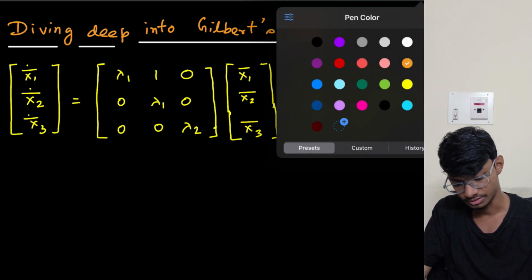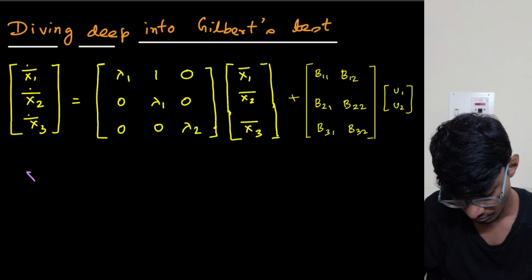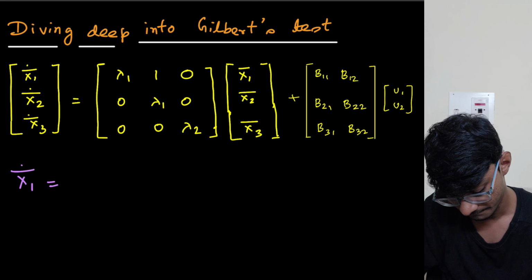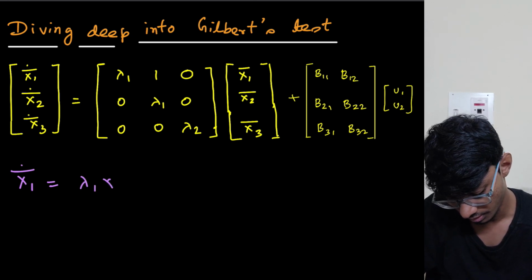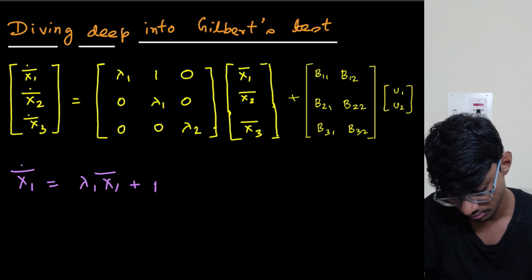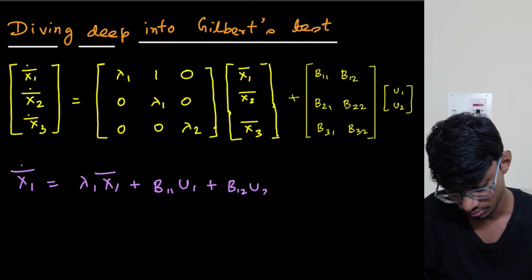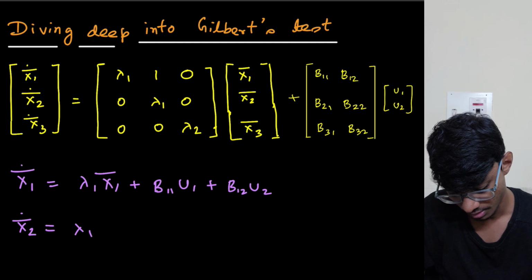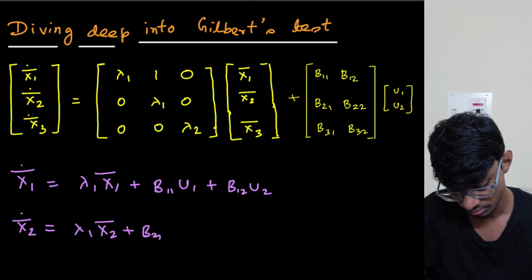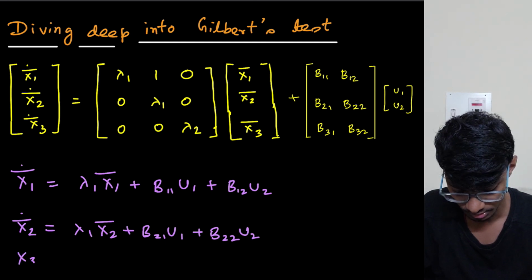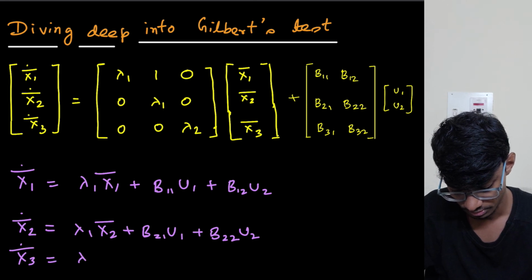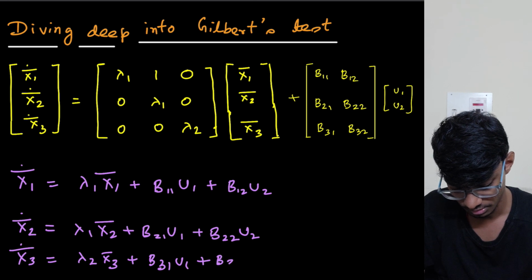If I write this in terms of state space equations, x1 dot is lambda 1 x1 plus b11 u1 plus b12 u2, x2 dot is lambda 1 x2 plus b21 u1 plus b22 u2, and x3 dot, the third state variable, is lambda 2 x3 plus b31 u1 plus b32 u2.